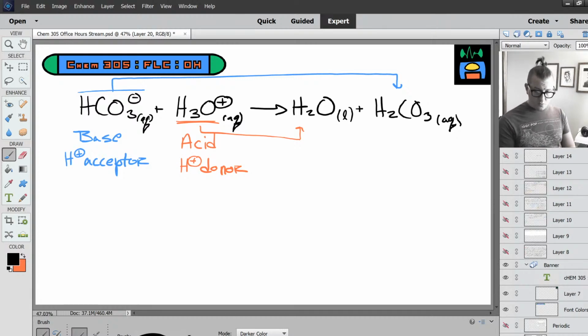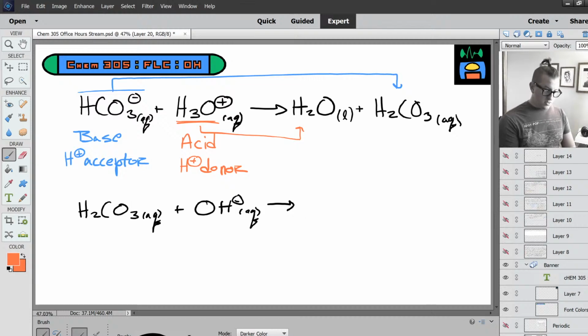Now let's write the one where we add base. When you add base, your weak acid in your buffer solution, carbonic acid, is going to react with hydroxide. Now again, this is our acid, carbonic acid, and hydroxide is our base.